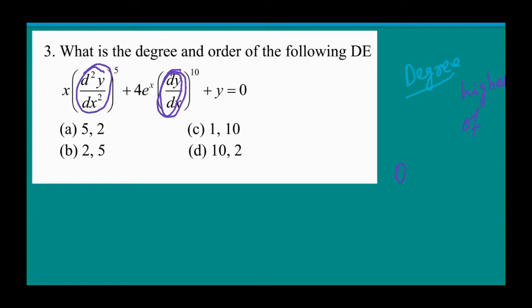Here the order is 2. And what will be the degree? Degree is its power, so this is 5. So 5 and 2. Option A is the correct answer, that is 5 and 2. Here I will explain another problem regarding order and degree later.